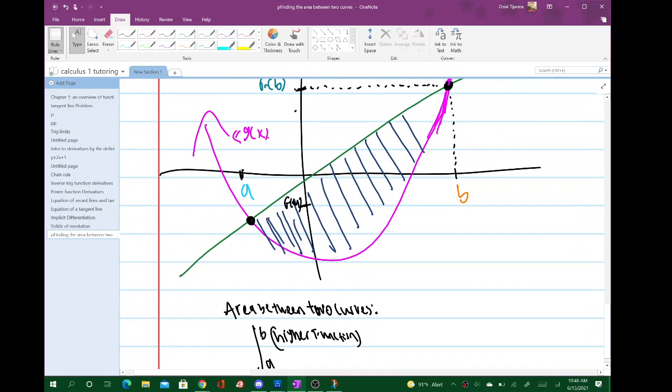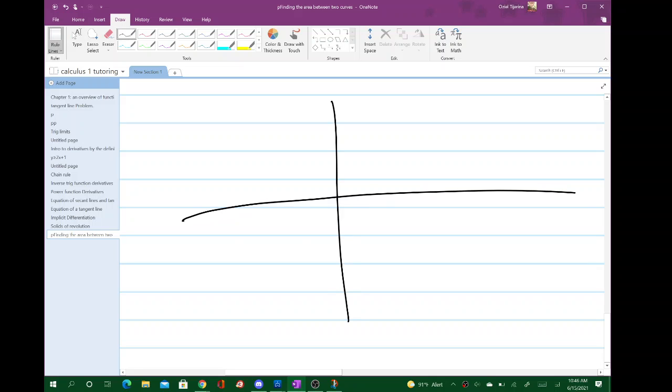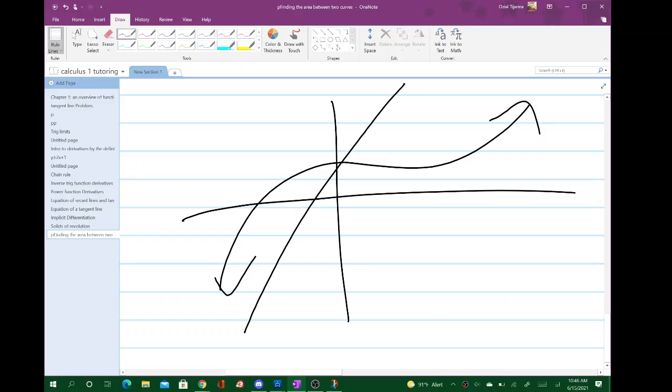The best way I can explain that is, for example, if we have this curve, and then let's say we have this curve, and we want to find the integral from here to here, right?